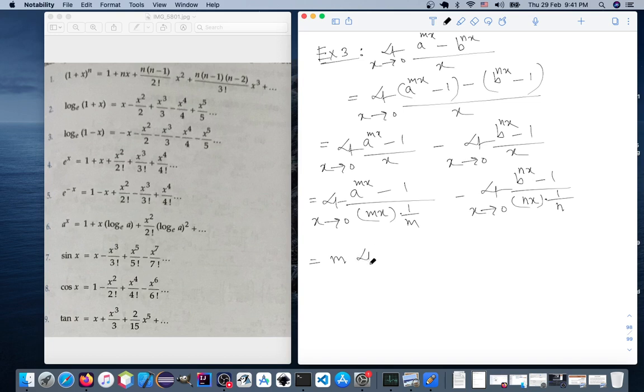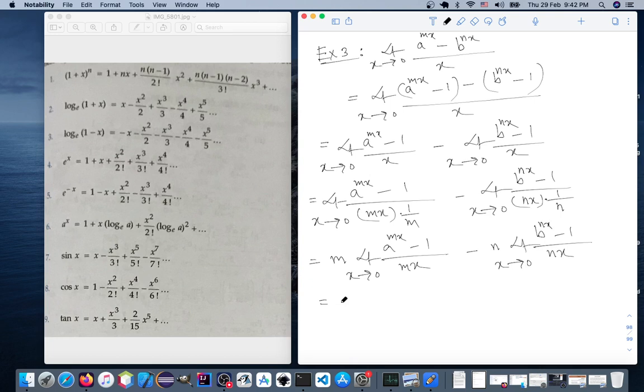We have m times the limit as x tends to 0 of (a to the power mx minus 1) by mx, and over here we have n times the limit as x tends to 0 of (b to the power nx minus 1) by nx.